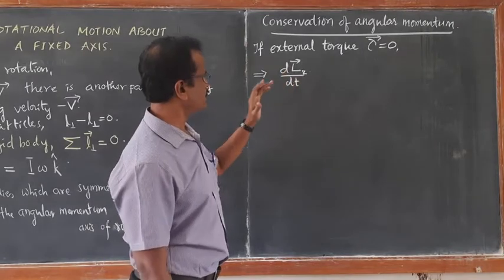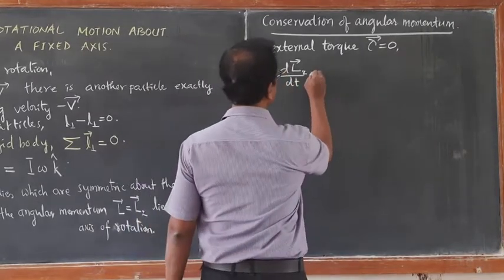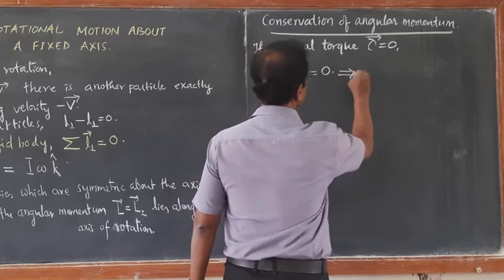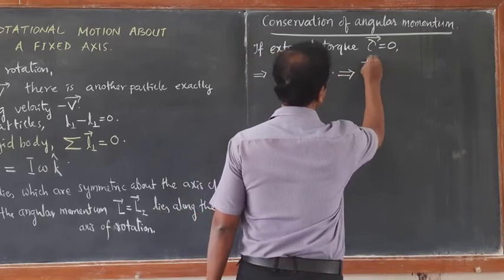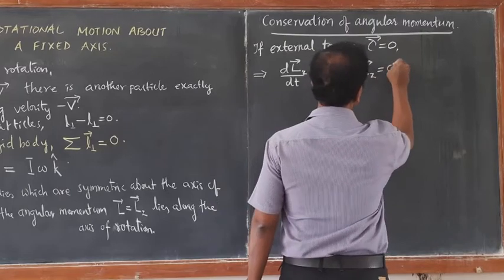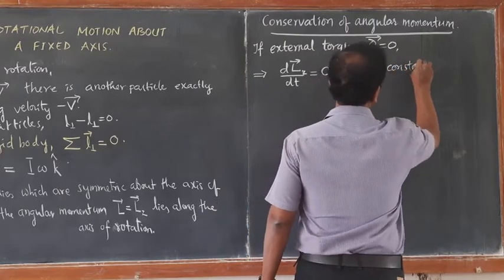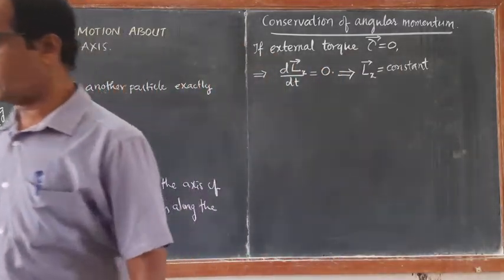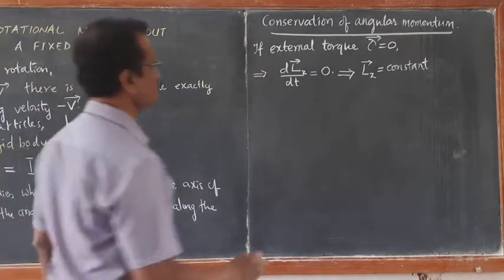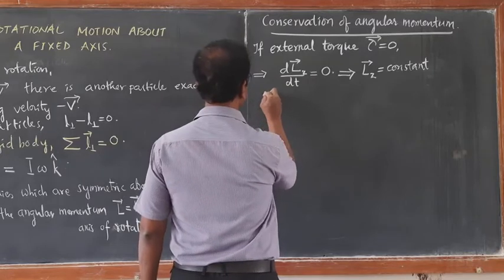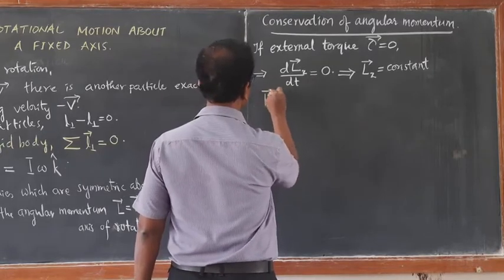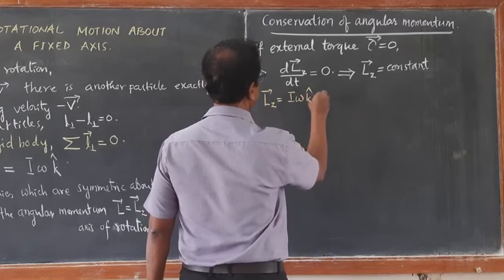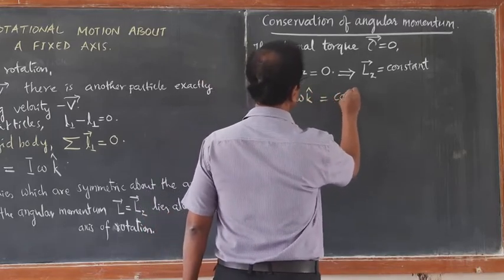So dLz by dt is equal to 0. This implies Lz remains constant. We know Lz is I omega k cap, and it remains constant.